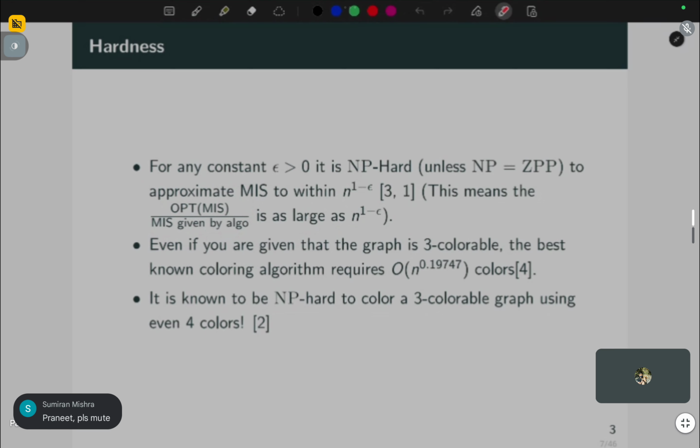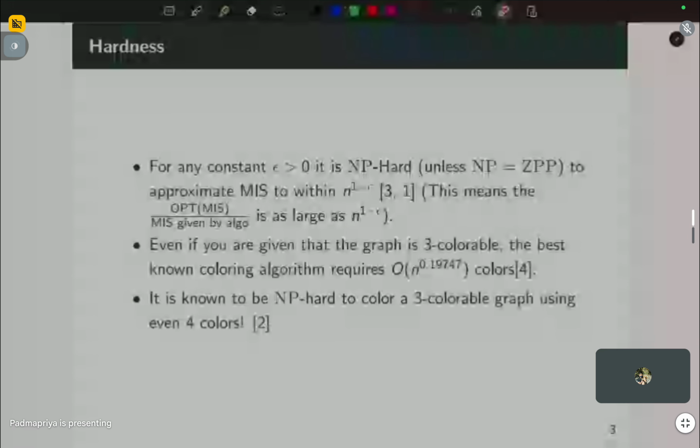So given this situation, what is the best thing that we know so far? The best known algorithm today computes the independent set and the tree coloring using n to the power of 0.197 colors.